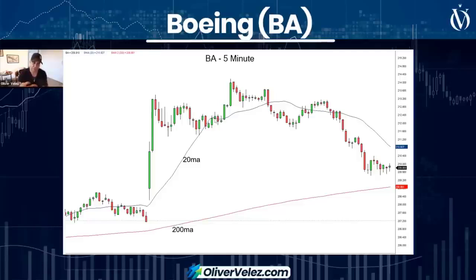These fat, juicy green bars are called bull elephant bars. The fat, juicy red bars are called bear elephant bars or negative elephant bars. So in the first 5 minutes of trading here in Boeing, we have a very fat, solid, beautiful elephant bar.